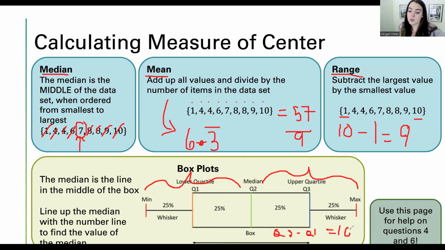That is your IQR. So this information is helpful for questions 4 and 6. You're going to be asked to analyze a box plot, and you're going to be asked to analyze a dot plot and calculate mean and median. So you can use this page again for questions 4 and 6 on your test.